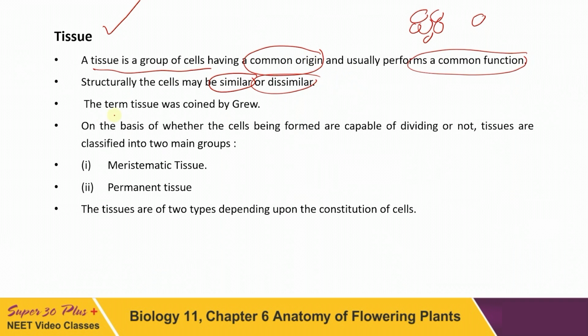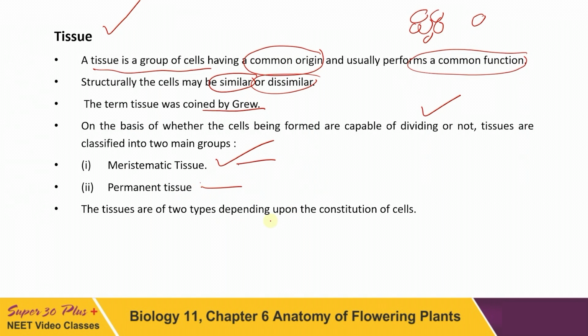You have to remember the term tissue was coined by Grew. On the basis of cells formed, whether they are able to divide later on or not, tissues will be of 2 types. One is meristematic tissue, which has the potential of division. The other, which has lost the capacity of division, is known as permanent tissue.